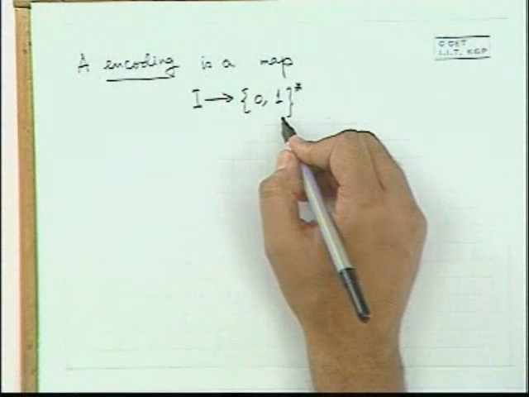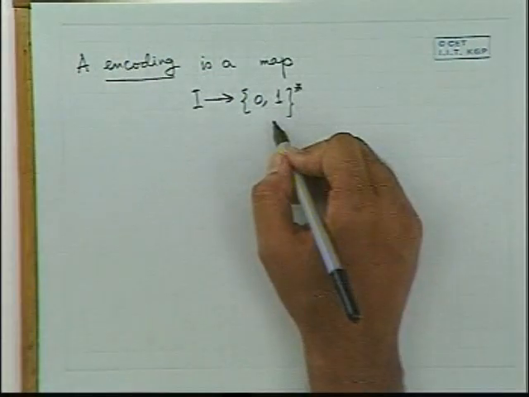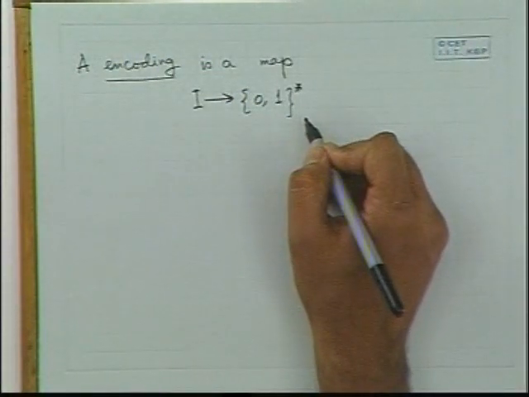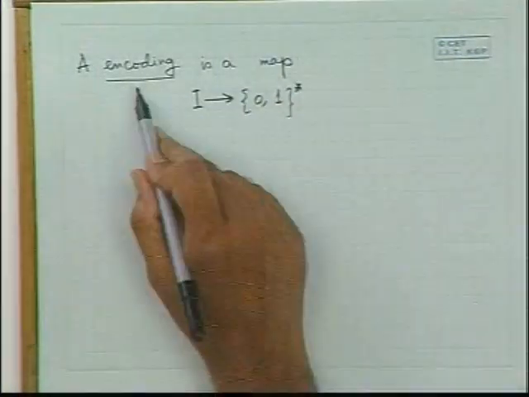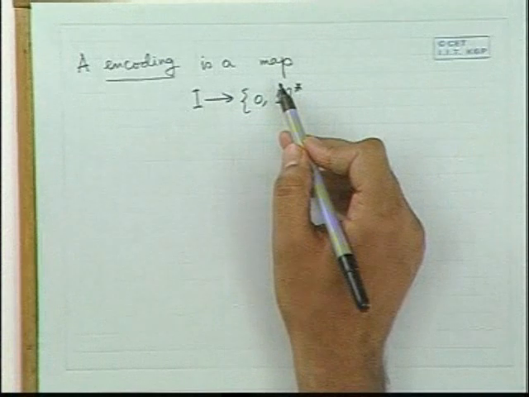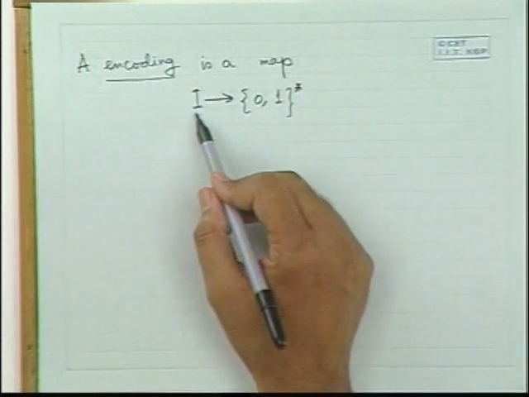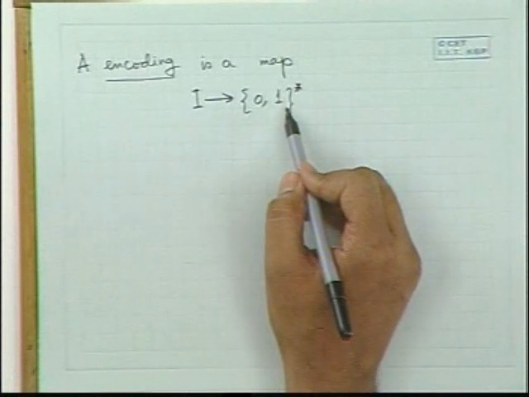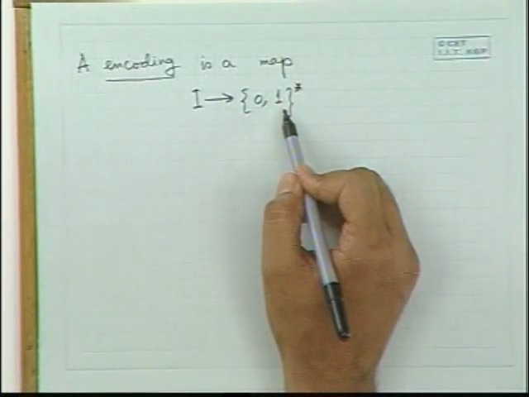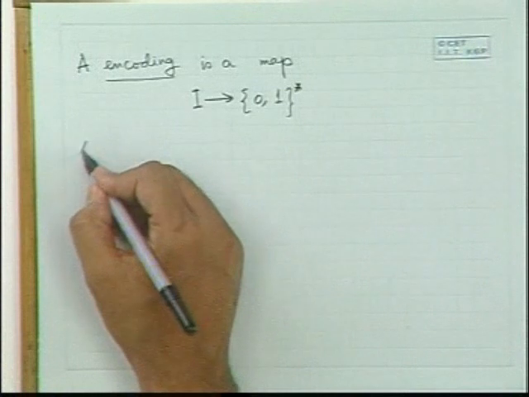This means all possible strings with zeros and ones. So basically encoding is a function or a map which is taking an instance and encoding it in terms of some binary string. That is the encoding.